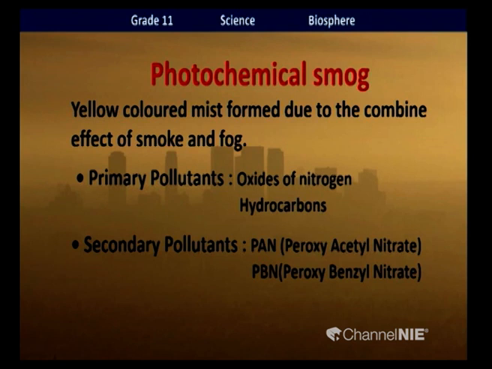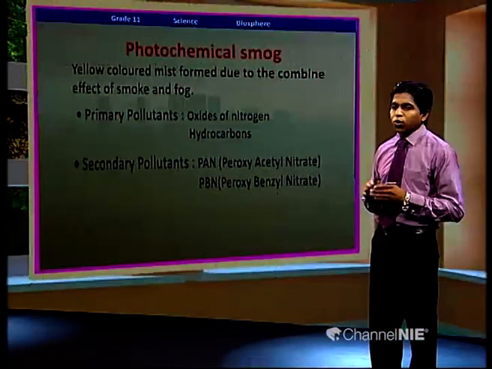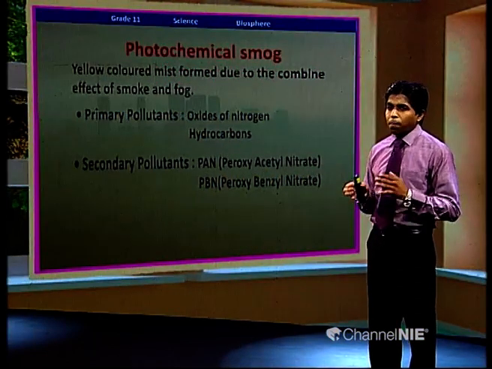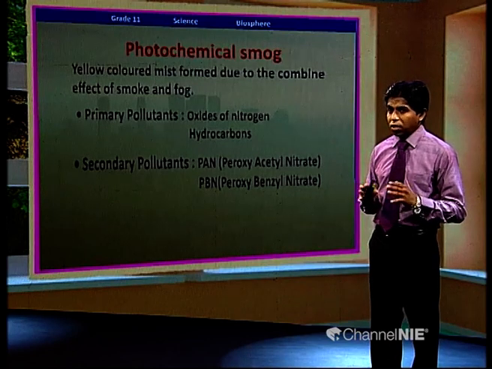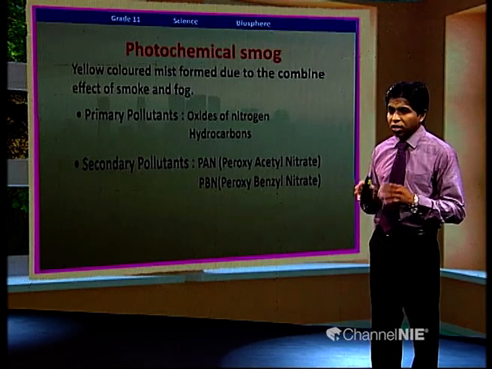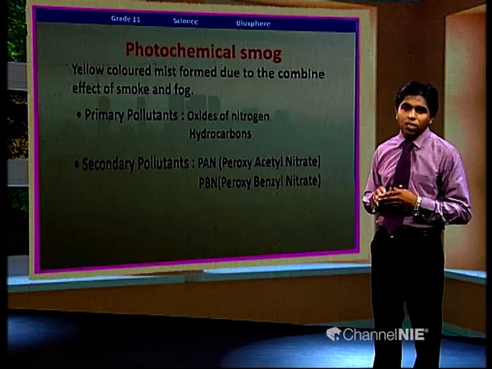They are emitted from factories and vehicles, and these primary pollutants react in the presence of light, forming secondary pollutants. Those secondary pollutants, PAN, peroxyacetyl nitrate, and PBN, peroxybenzyl nitrate, cause photochemical smog.